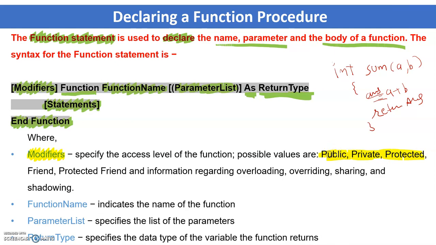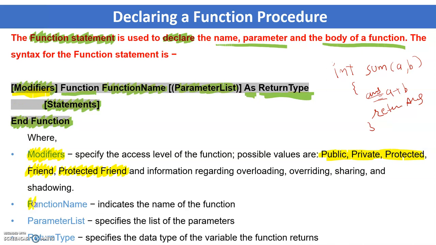You have already learned the public, private, protected concepts in OOP, right? So it can be a friend function, or it can be a protected friend function. It can be any. So based on the access level of this function, you can provide the modifiers.